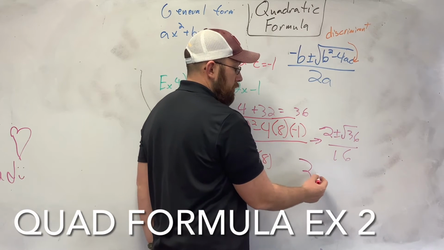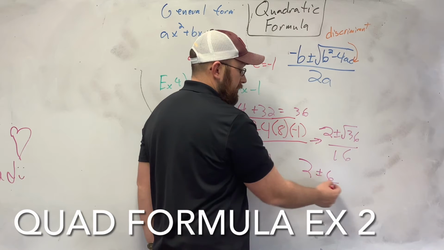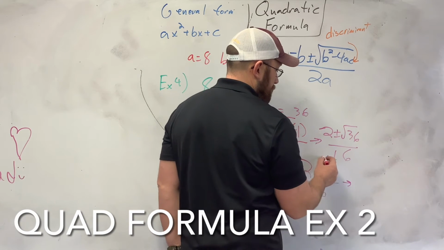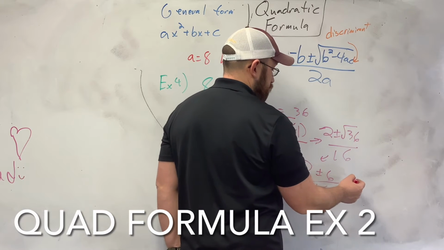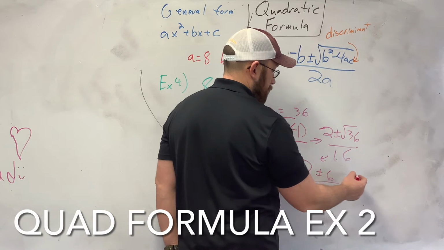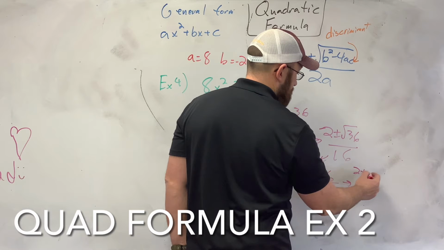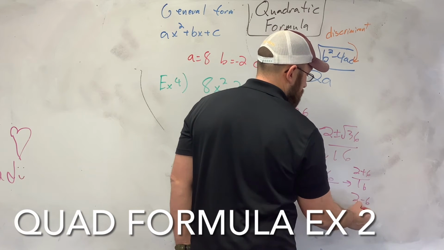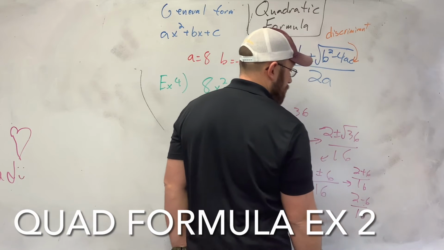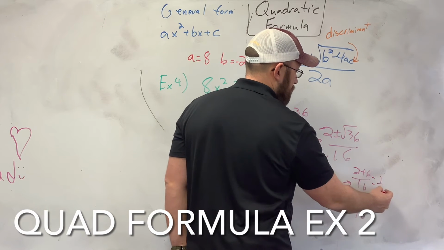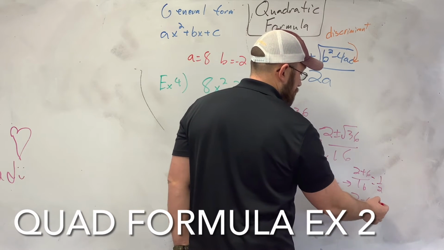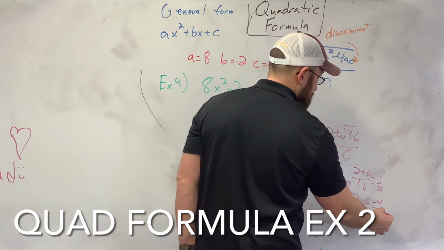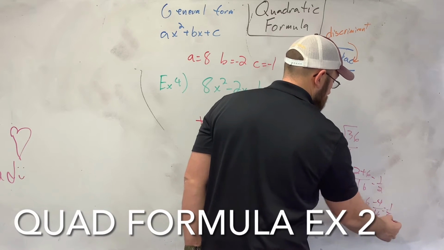So this becomes 2 plus and minus 6 over 16, which then becomes 2 plus 6 over 16 and 2 minus 6 over 16, which gives me 1/2 and -4 over 16, which is -1/4.